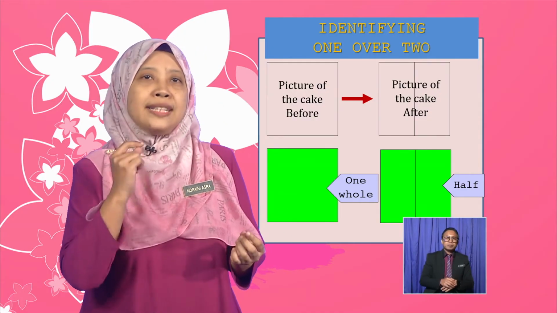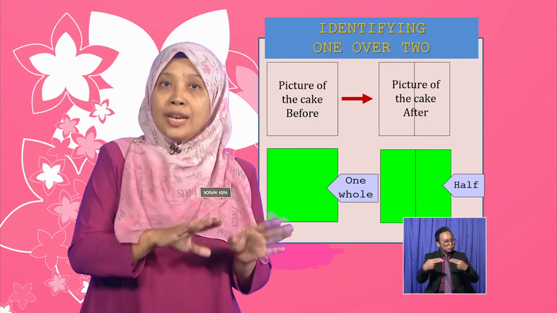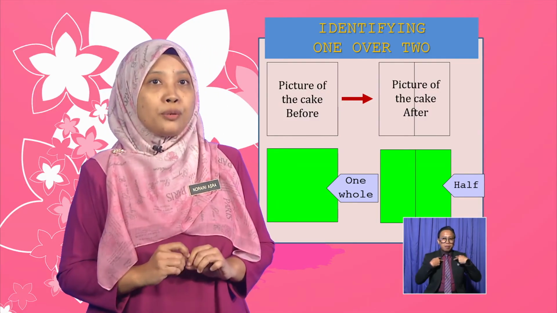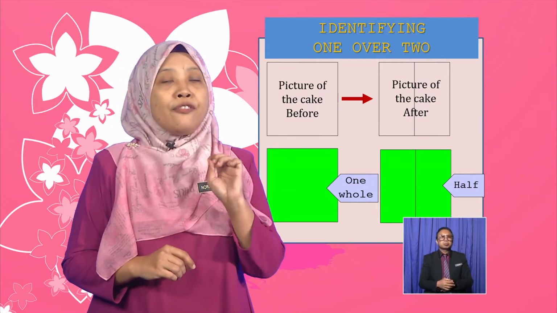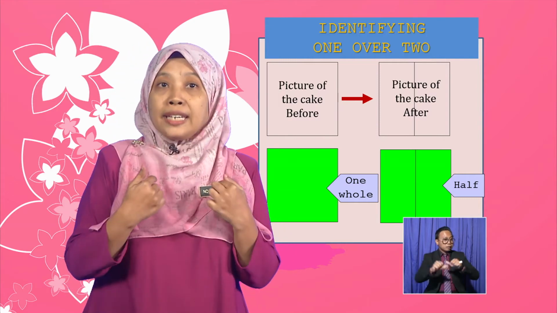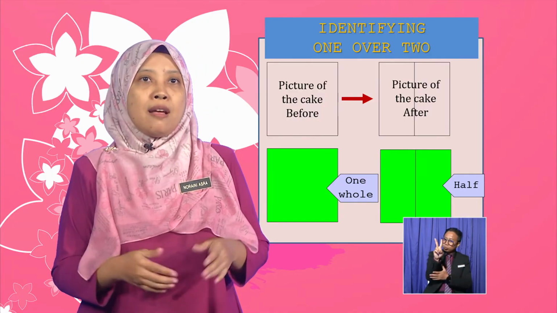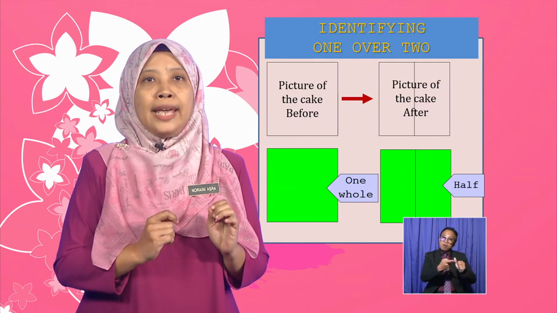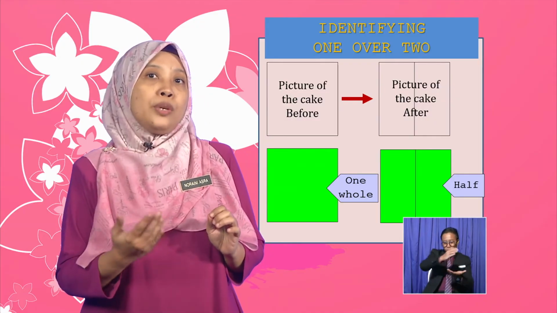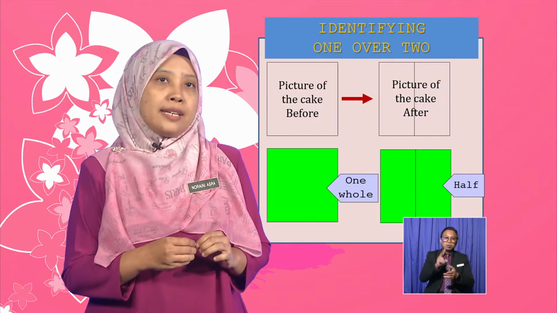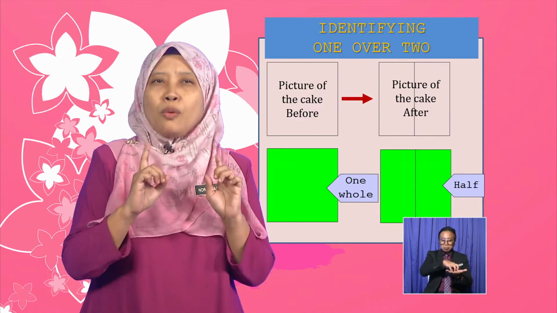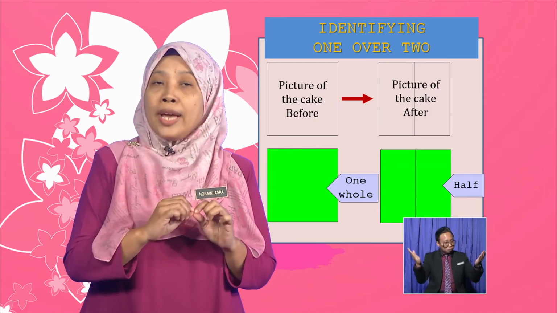So, what is the relation between half and 1/2? In the first activity, I cut the cake into 2 equal pieces. From one whole cake, it becomes 2 equal pieces of cake. Here, you are introduced to the word half.